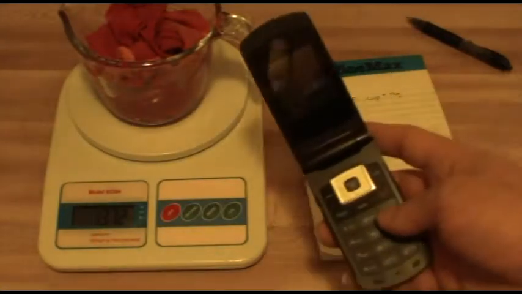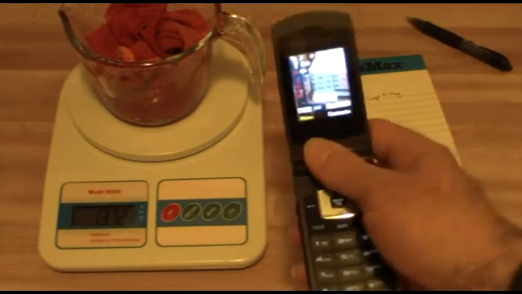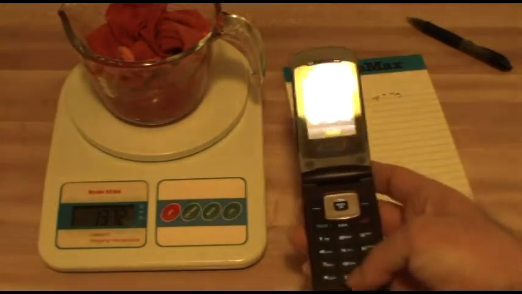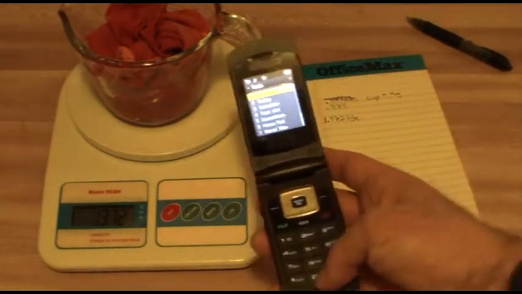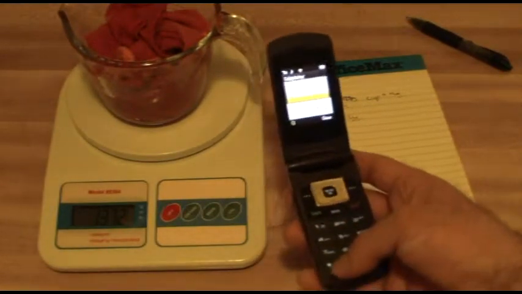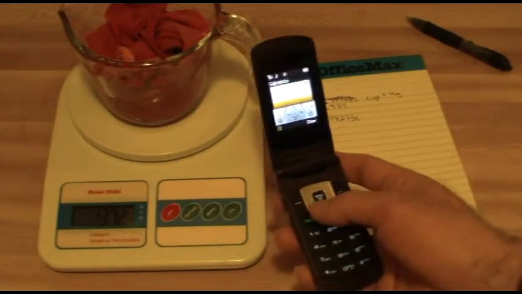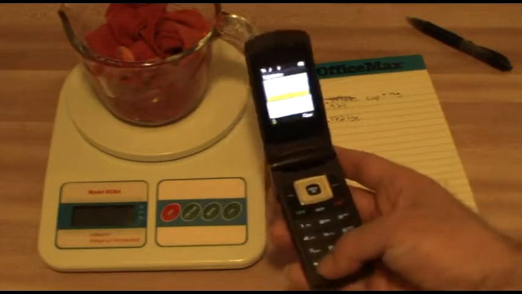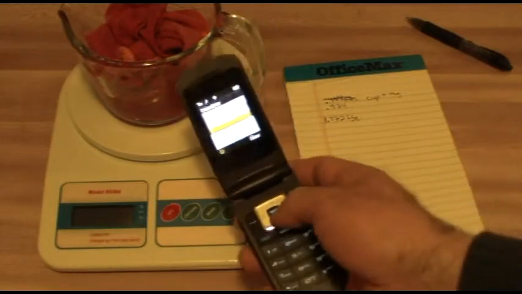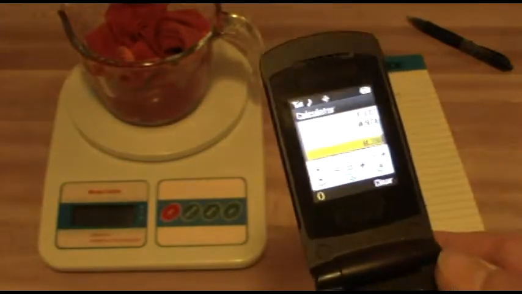We're going to introduce a new friend. This is a cell phone calculator. Alright, so this is 1.372 minus 0.974 equals, I don't even know if you can see that.